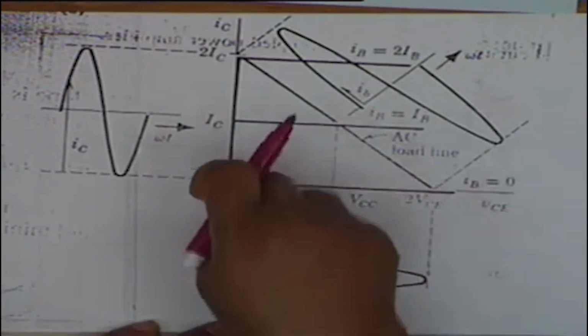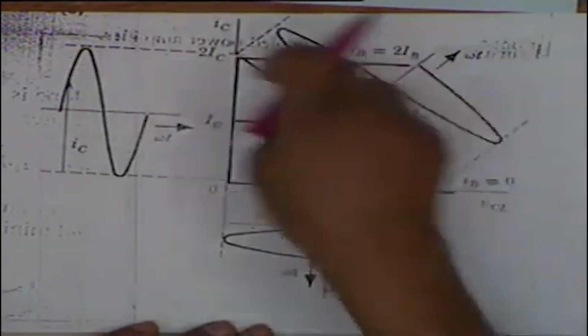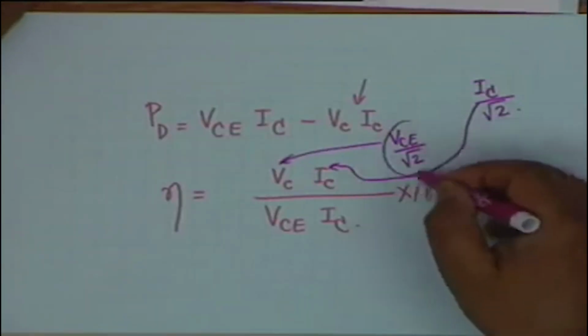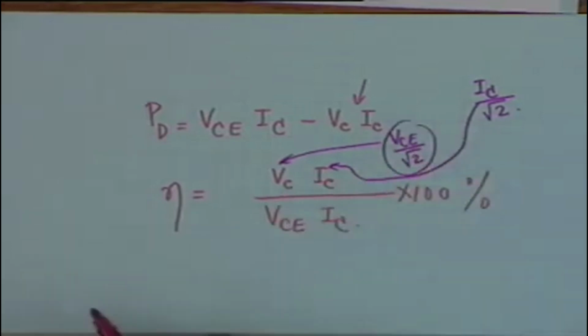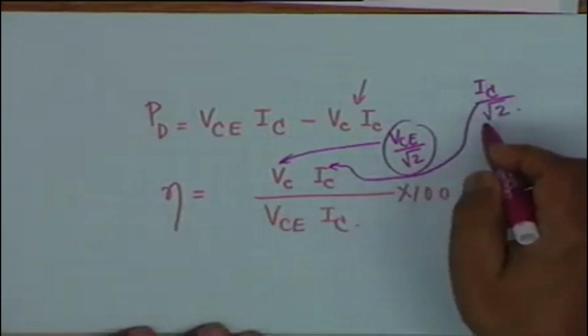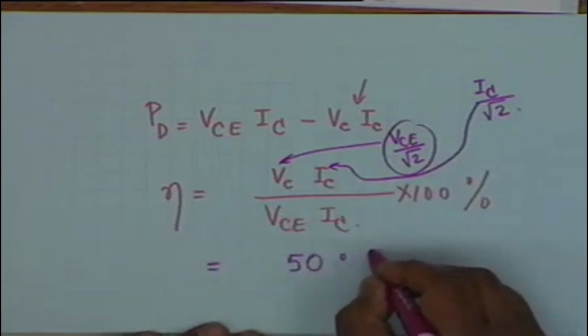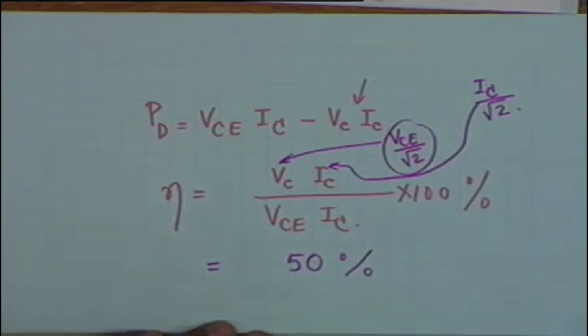The current would go from 0 to twice IC. Under this ideal condition, VC would be VCE by root 2 and IC would be IC by root 2. And you can see that this is equal to 50%. This is the ideal efficiency of a transformer coupled amplifier.